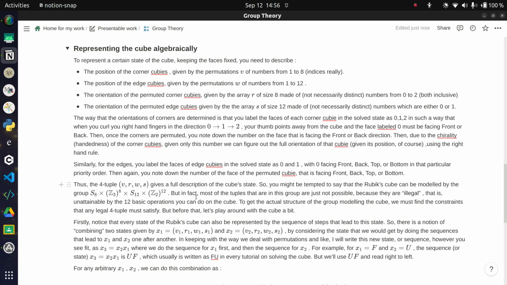Rotate slices, basically. If you do something weird like twist a corner, which some cubes allow you to do, that's an illegal move. That's not the way it's supposed to be solved, and you would end up in something that's not solvable by legal moves. It's part of some group that's isomorphic to this group, and that's represented by some 4-tuple which is not legal.